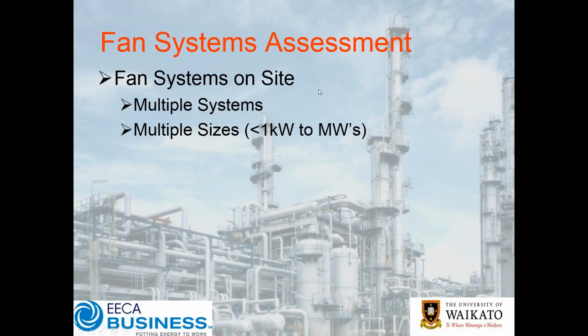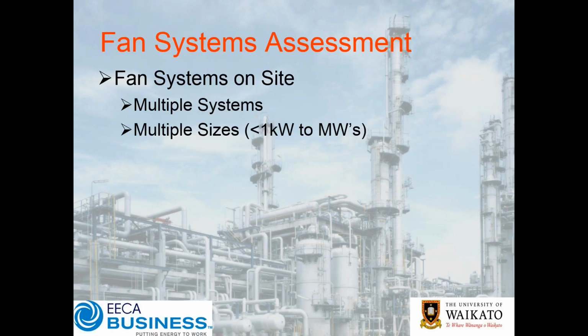So from a fan system point of view, we need to probably start with the filter. So as we consider where our fan systems are on our site, we might have multiple systems. As we mentioned earlier, they might be in parallel, where we have multiple fans blowing air from common intakes or extracting multiple extraction streams from a common reactor vessel or process, or they could be in series.